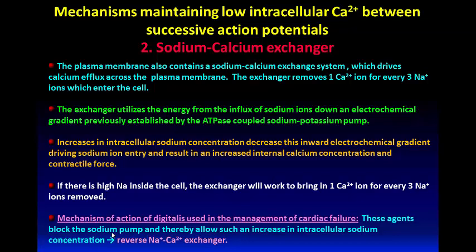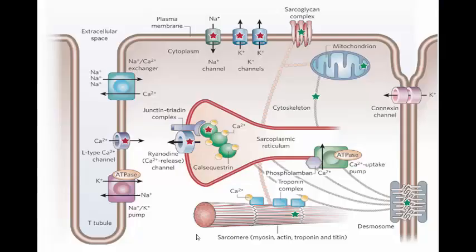And when the sodium ions accumulate in the cytoplasm of the myocytes, the electrochemical gradient for sodium is decreased, thereby allowing an increase in the intracellular sodium concentration. And when this happens, the sodium-calcium exchanger acts in a reverse direction, as we have just mentioned.